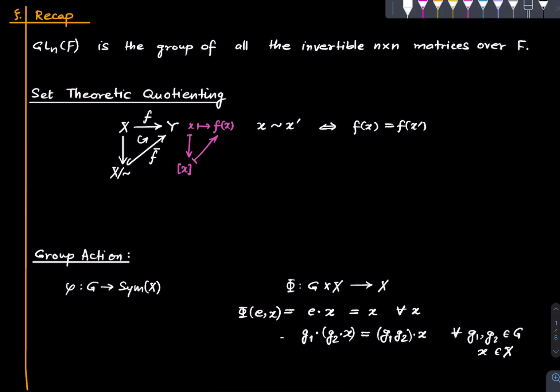Let me expand the left hand side. It is phi of g1 comma phi of g2 x, and the right hand side is phi of g1 g2 comma x. So given a particular action, it is notationally useful to suppress this notation and just write things like this. These two perspectives we saw, and one can pass from one to the other in an obvious way.